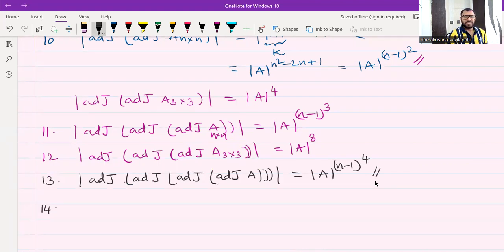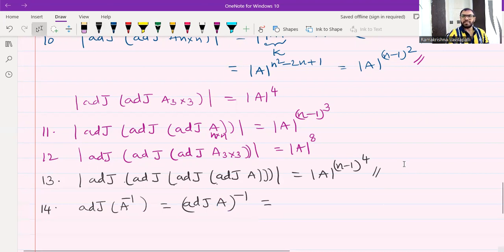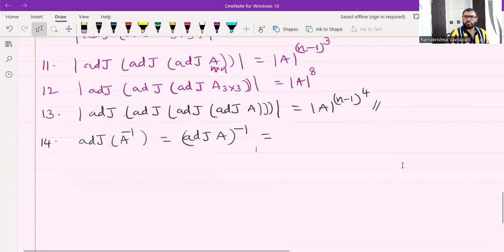Finally, what is adjoint of A inverse? Adjoint of A inverse is the same as adjoint of A whole inverse. Both are same. So instead of writing that answer, I'll prove it in just one line.